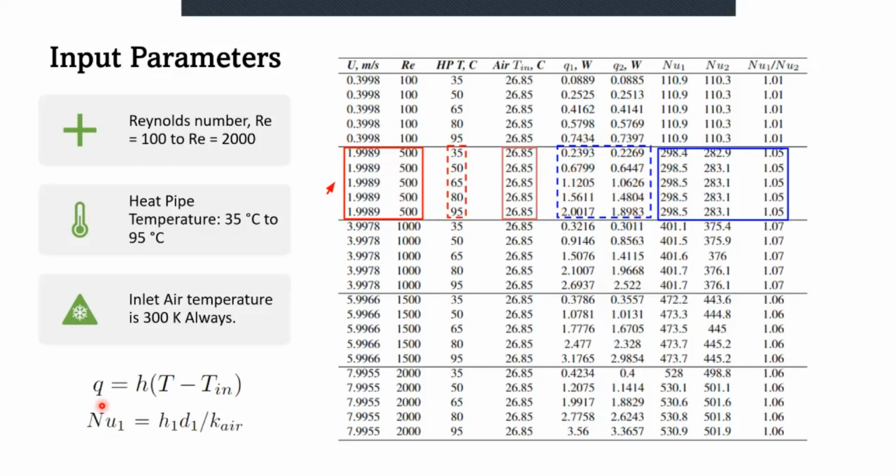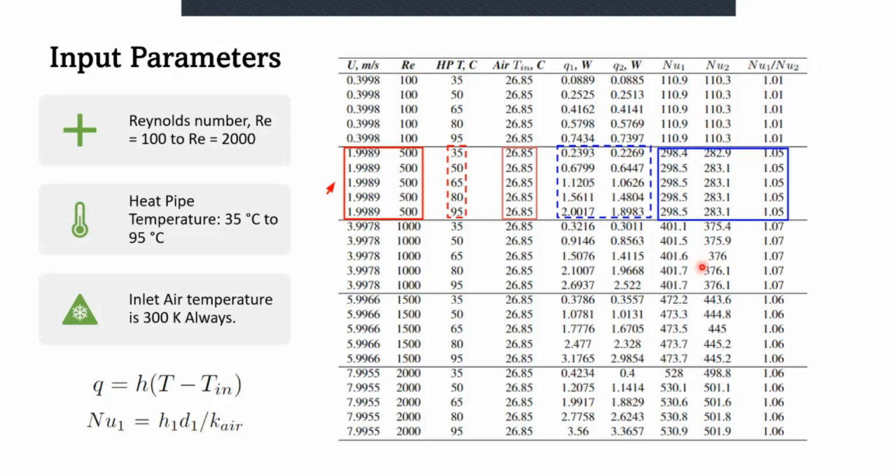This heat rate is calculated using this formula, h times delta T, where h is the convective heat transfer coefficient. And also from the overall table, we can see that Nusselt number changes only when Reynolds number is changed. Otherwise, with the change in heat pipe temperature, Nusselt number doesn't change.